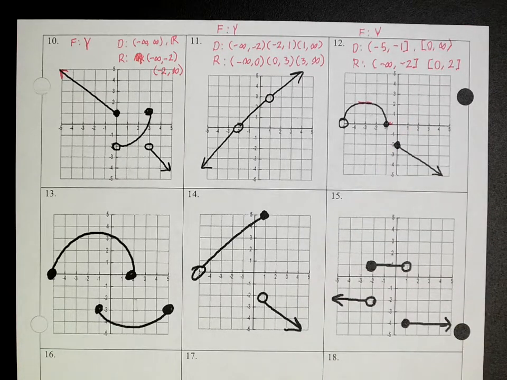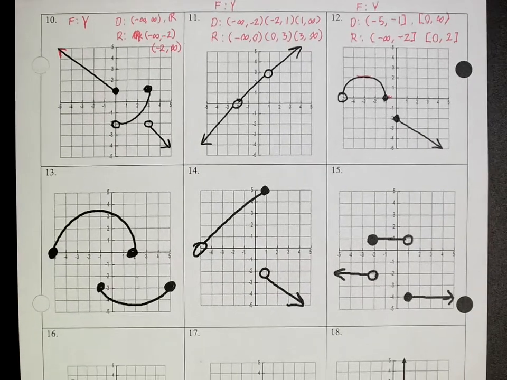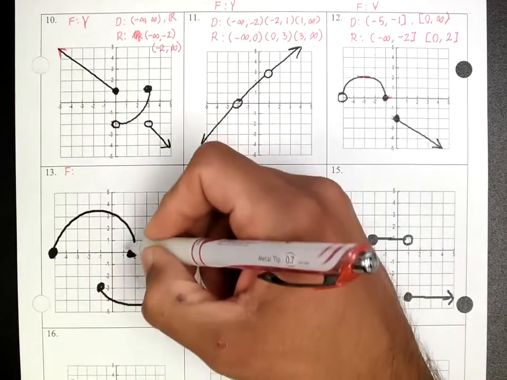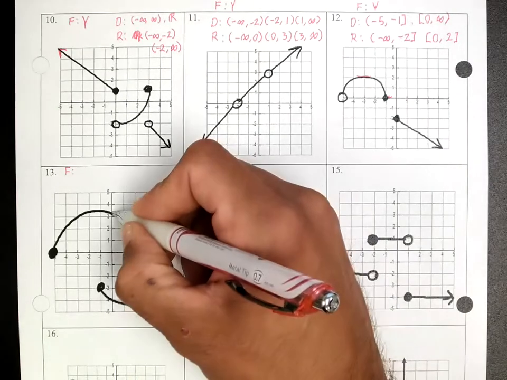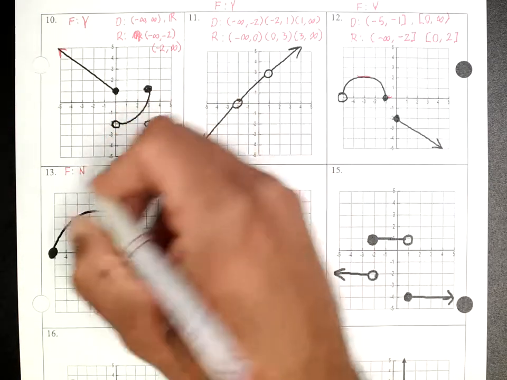So before I run out of time, I'm going to go ahead and basically go through these without much explaining. So make sure you ask me. Now, if the question is this a function? Then the answer is no, because if you draw a vertical line, even right here, for example, it touches 2 points. So this one fails the vertical line test, so this is not a function, all right?